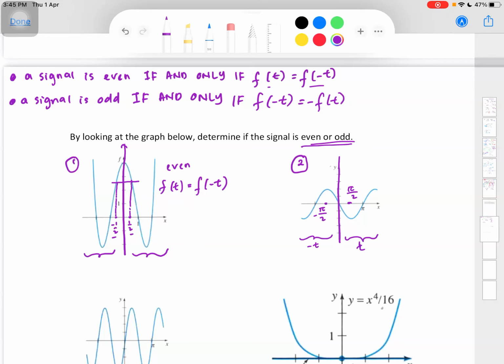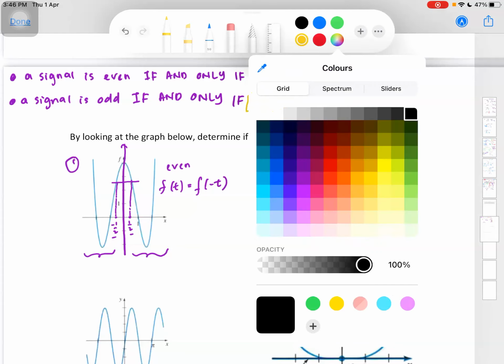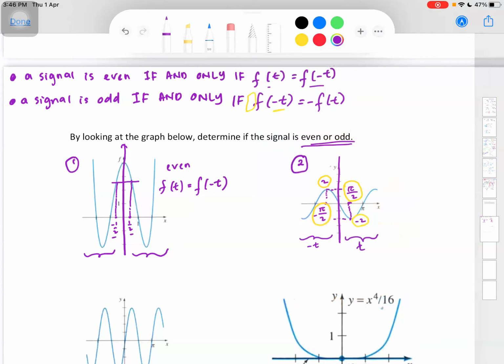Here the amplitude is, say, 2, whereas for this one the amplitude is minus 2. So for this one, the time is positive and the amplitude is negative. For this one, the time is negative and the amplitude is positive. So we can say that this signal is an odd signal.